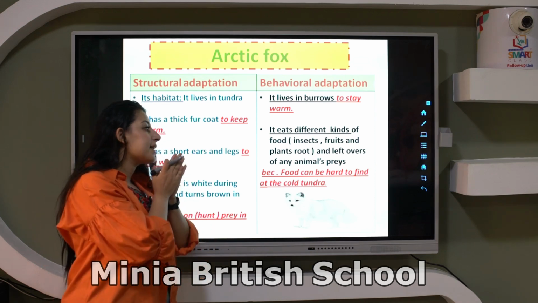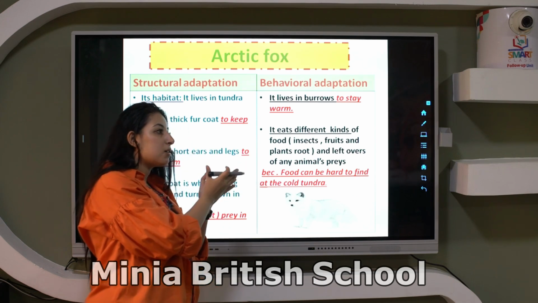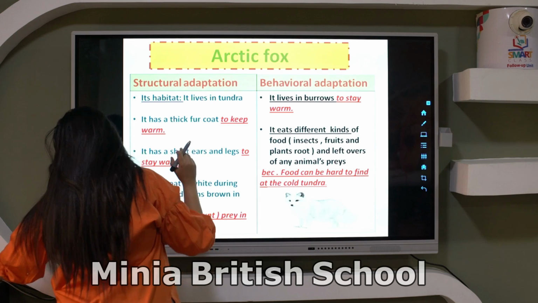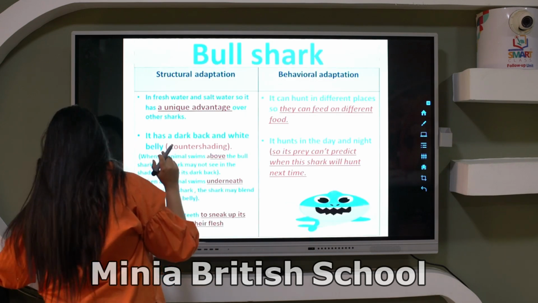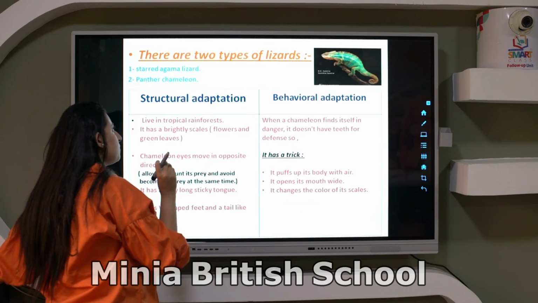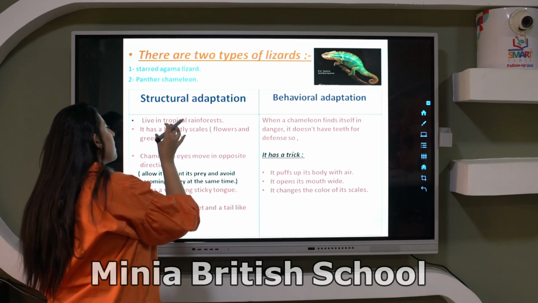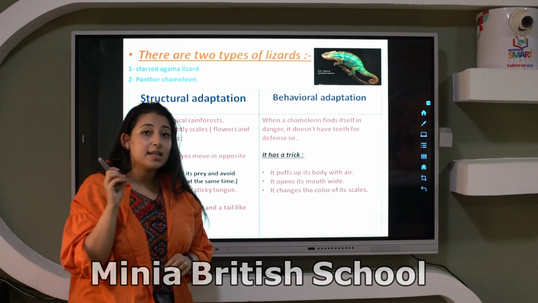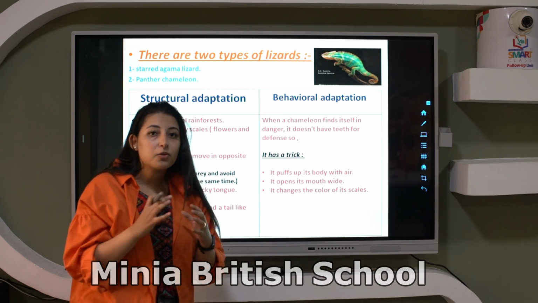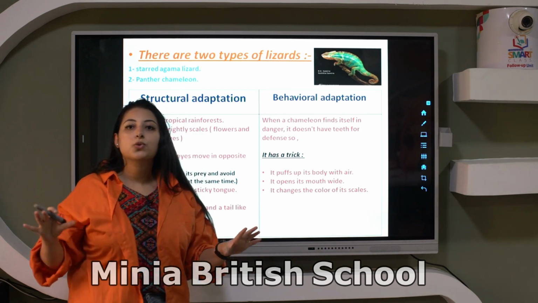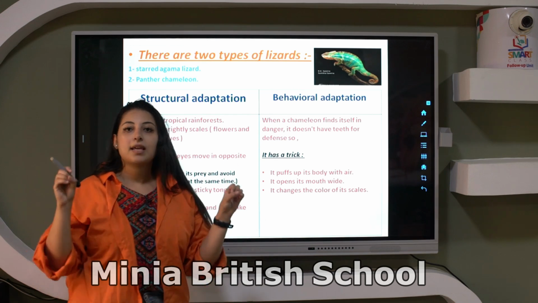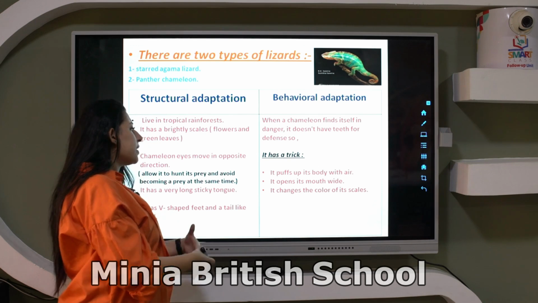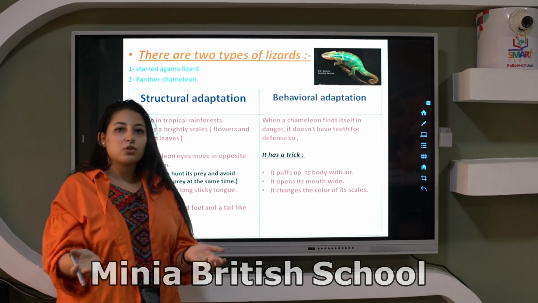Only God can create these structures inside their bodies. So when we say structural adaptation, we mean what? We mean some change related to the body of the living organism. No one can control it. No human can control it. Only God.